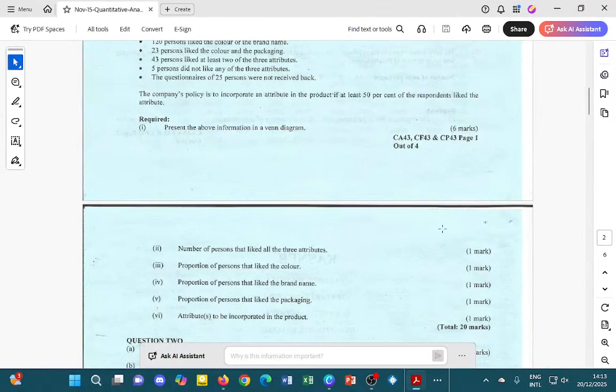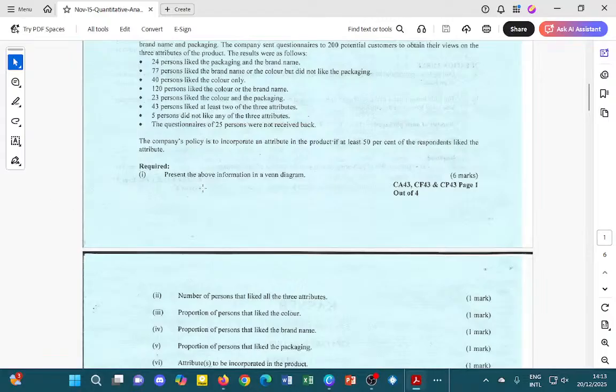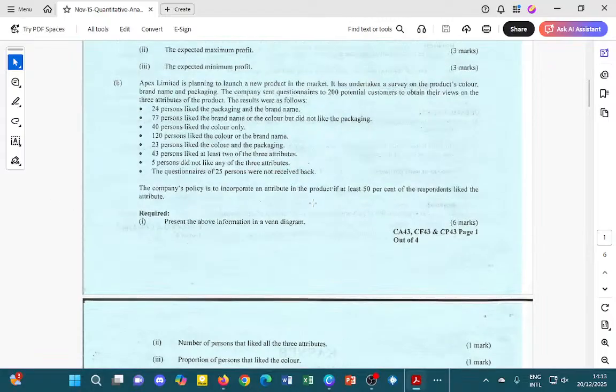So the first part of the question is present the above information in a Venn diagram.